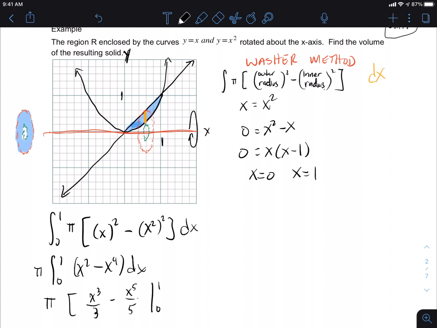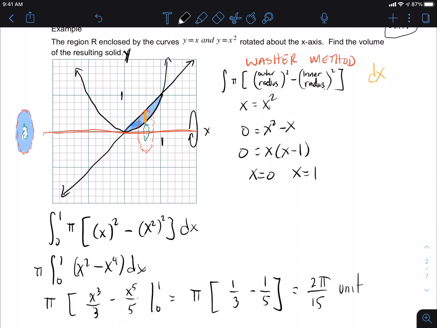Agreed? Well, we don't need to plug in 0. That's nonsense. So we'll get pi times 1/3 minus 1/5, and that's equal to 2 pi over 15 units cubed.